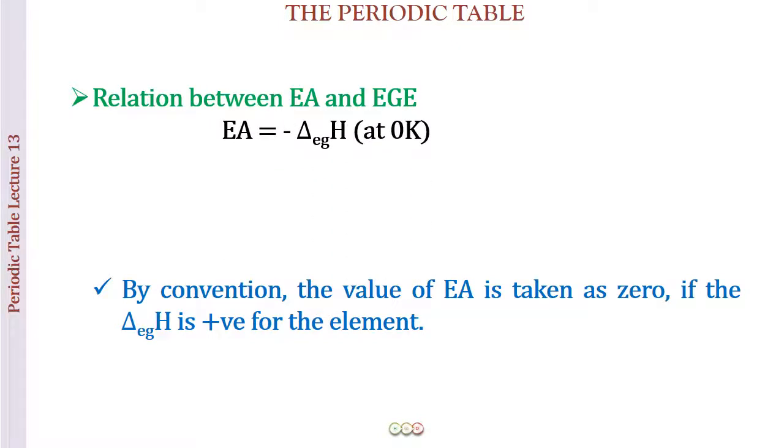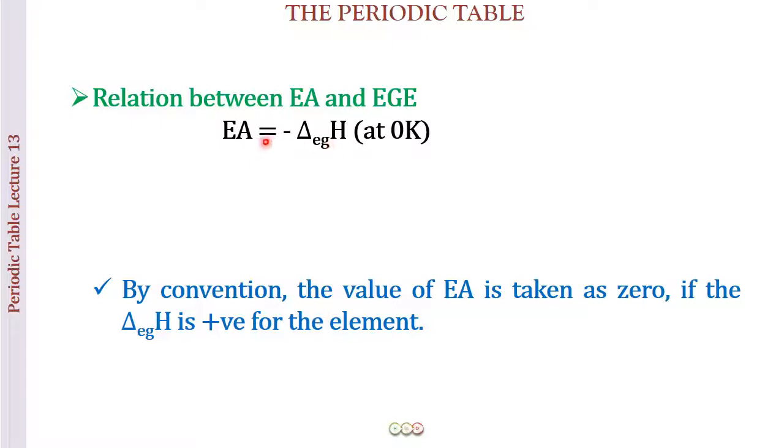So the electron affinity will be equal to minus of the electron gain enthalpy values at 0 Kelvin. At higher temperatures there is going to be some change, but for that also we take approximately electron gain enthalpy being equal to electron affinity values.